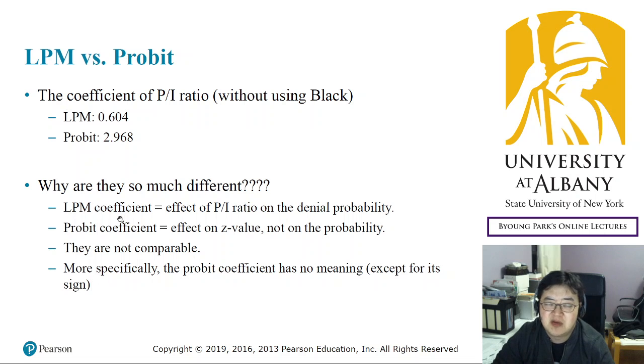The linear probability model coefficient was the effect of x on y's probability, but the probit coefficient is not capturing the effect on the probability. This is the major difference. The probit coefficient only captures the effect on the imaginary score, which does not exist in reality. So they are not comparable. It is a purely imaginary scale.